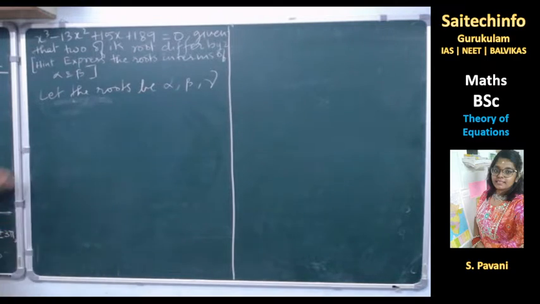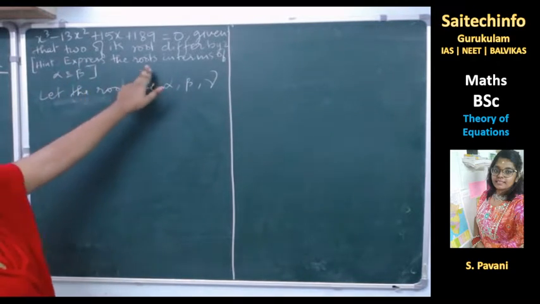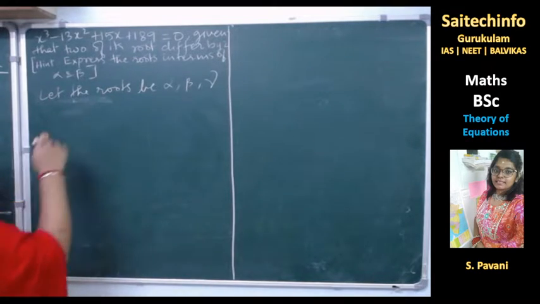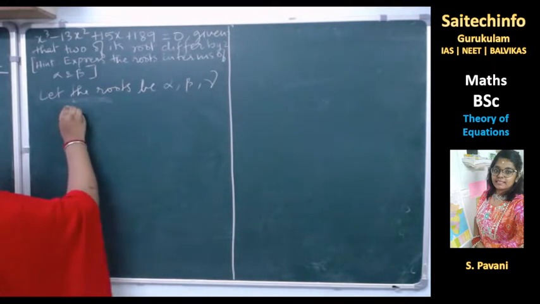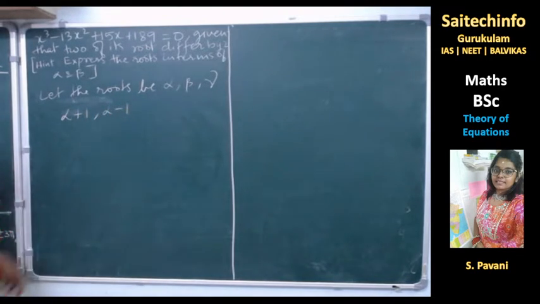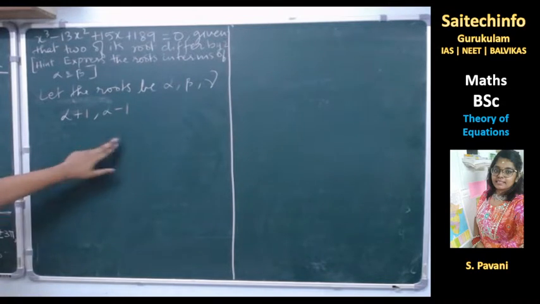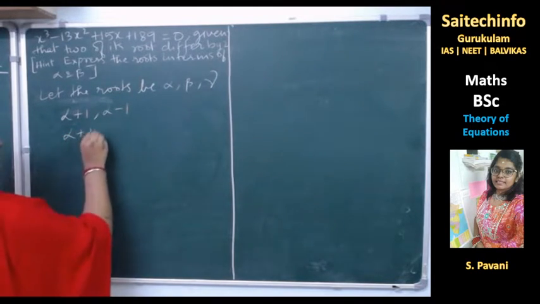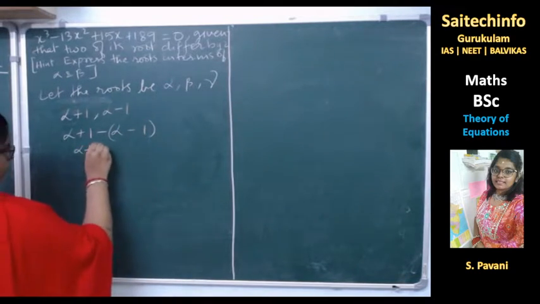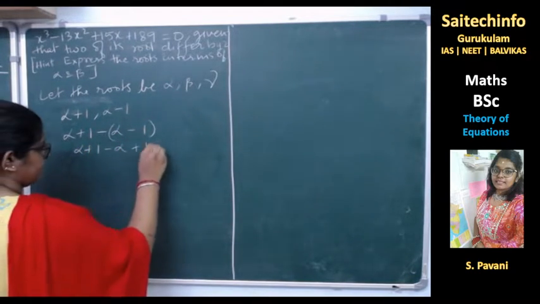And now, in the end, they have given: express the roots in terms of alpha and beta. So for expressing in alpha and beta, let's take alpha plus 1 and alpha minus 1, because they have given that the difference of two roots is 2. If we subtract these two numbers, alpha plus 1 minus alpha minus 1 is equal to 2.